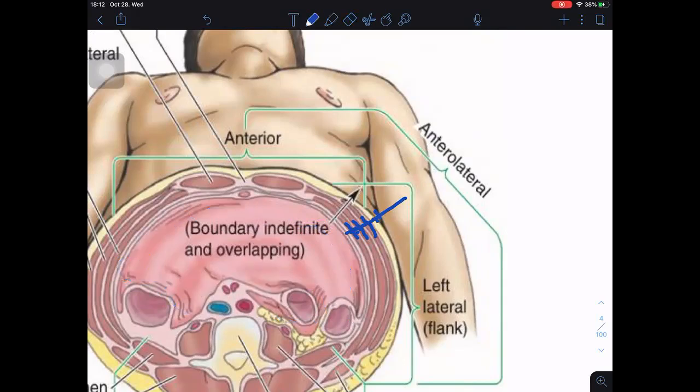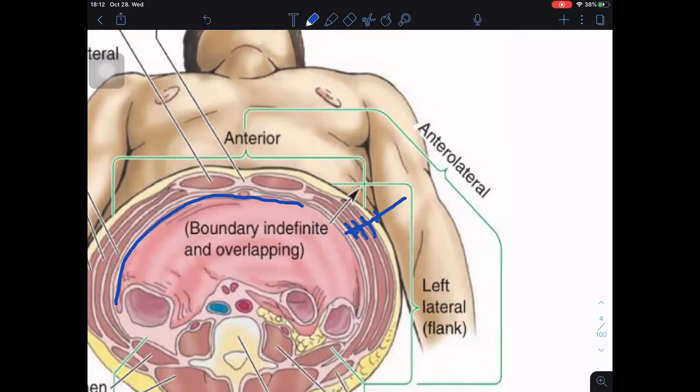Again, same as the pleura and pericardium, the peritoneum has a parietal layer. As you see, it's lining most of the areas related to the abdominal wall. So this is the parietal peritoneum that I'm outlining over here. Then there are certain structures, for example the stomach and spleen, that are almost completely covered by the visceral layer of the peritoneum.